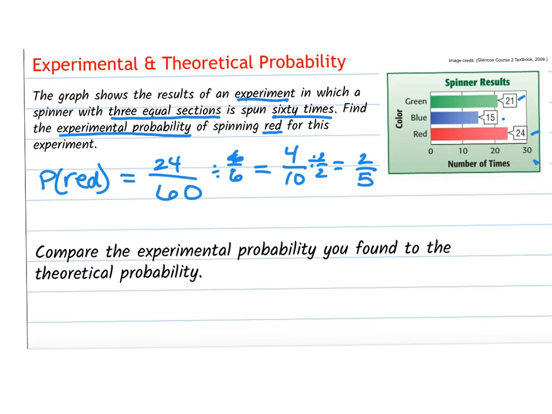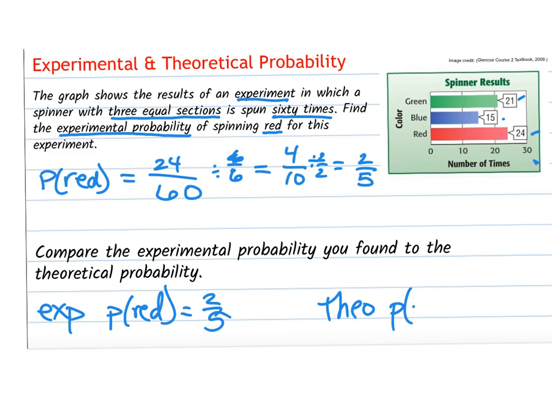So now it says compare the experimental probability found to the theoretical. So we already found that the experimental probability of red was 2/5. Theoretically, if there were 3 equal sections, like it said, red should happen 1/3 of the time.